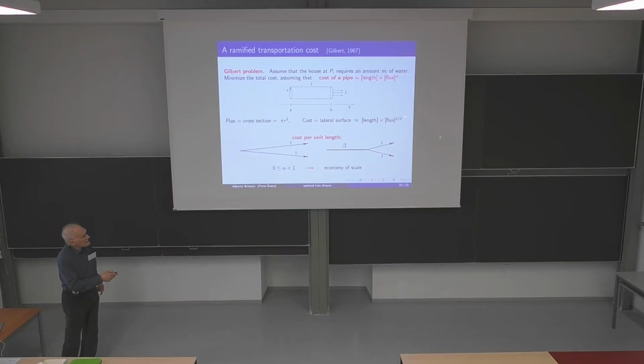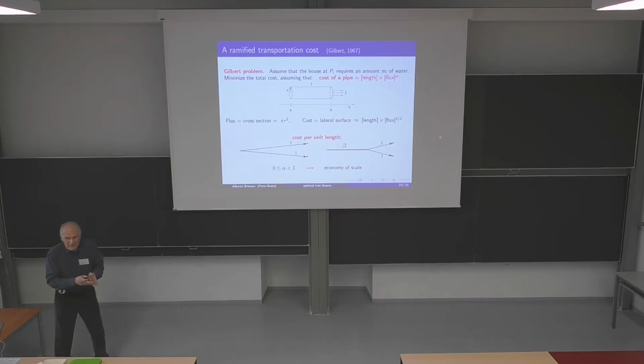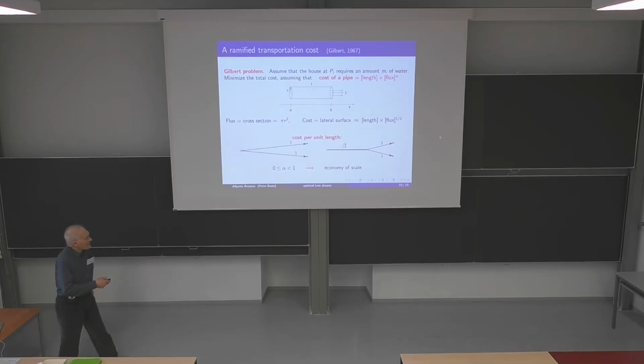Here, alpha would be 1/2. So this ramified transport is trying to put together the pipes and let particles of water travel together as far as possible, because when they go together, I get a discount. That's the main thing. So when alpha is strictly less than 1, I get this economy of scale.